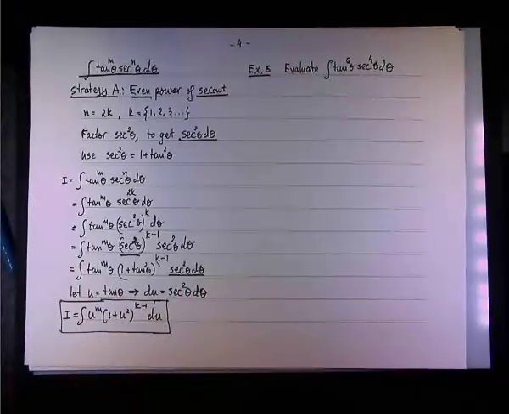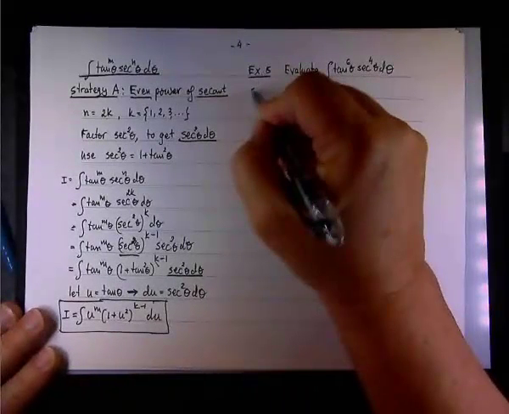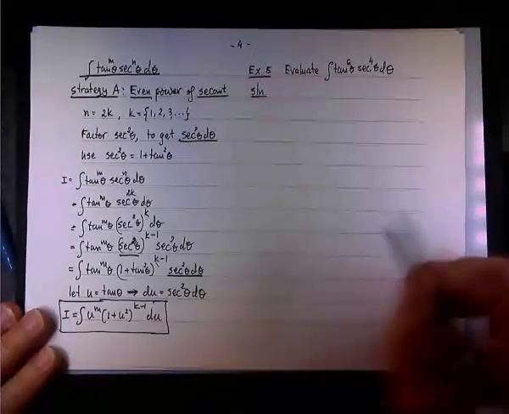Once again, I can use the recipe. I can say the heck with it. I know what my goal is. And I think not using the recipe here will be easier because, remember, my goal is I want to have secant squared at the end.